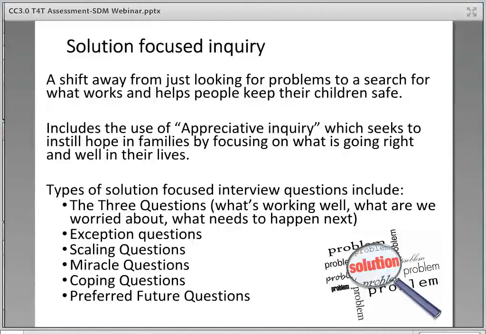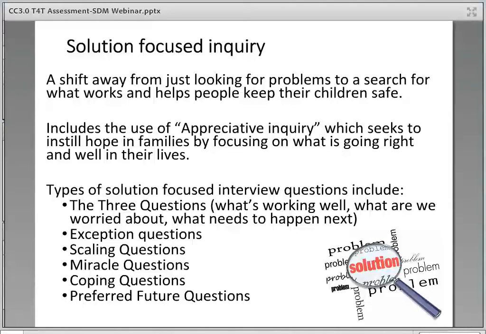It was developed by Steve de Shazer and Insoo Kim Berg in the 1980s and 90s, and includes a set of different types of questions that can be used with families. Types of solution-focused interview questions include the 3 questions: what's working well, what are we worried about, and what needs to happen next; exception questions, scaling, miracle, coping, and preferred future questions.